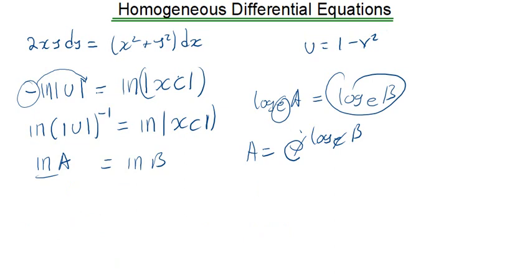Okay, so since here we have said our a is equal to our b, and our a is simply 1 over u. Why am I saying 1 over u? Because of the negative that I have there, I make it positive. My b is xc.